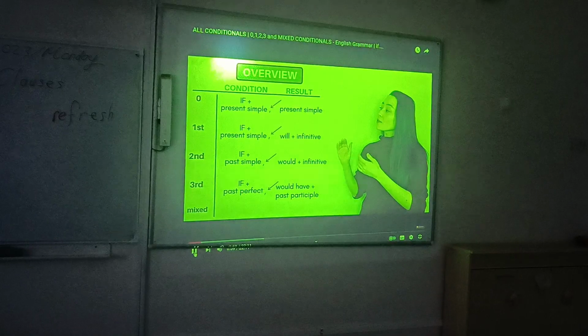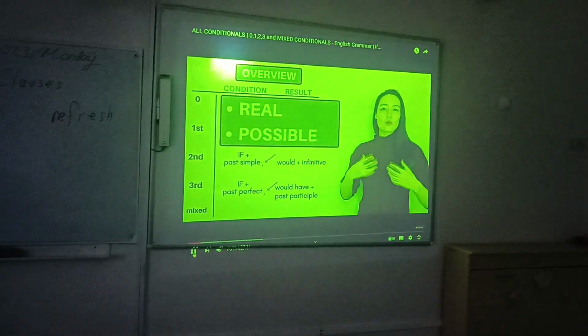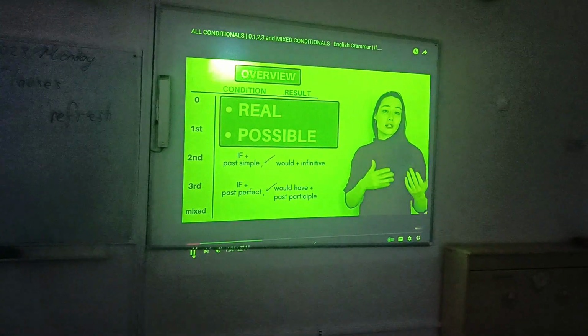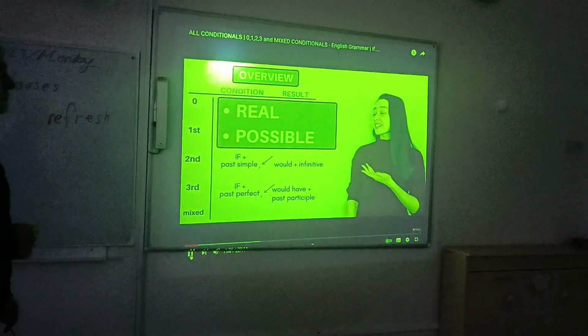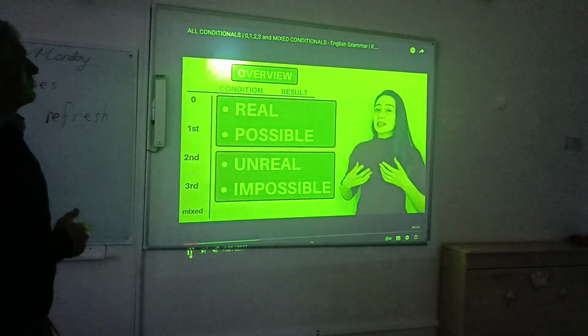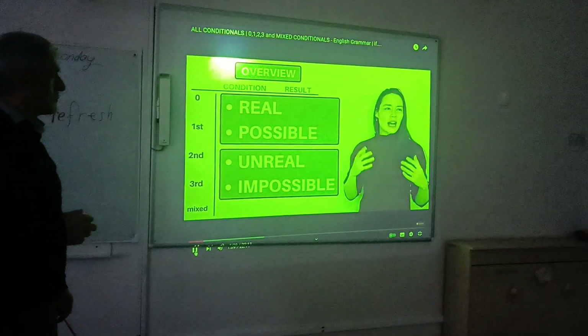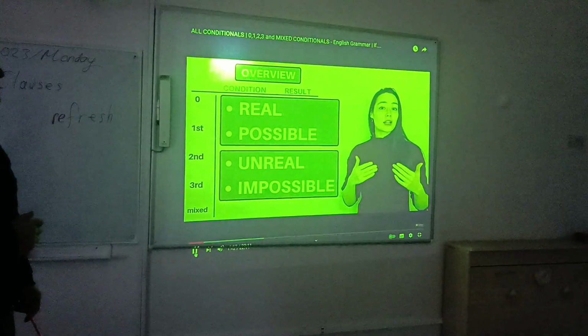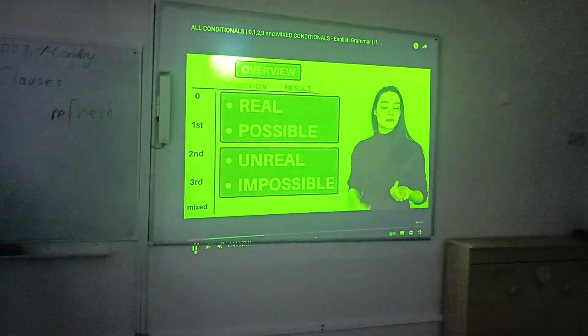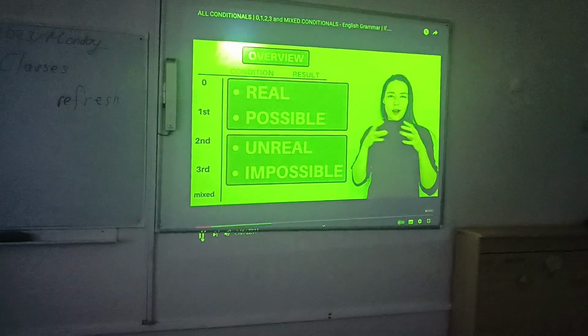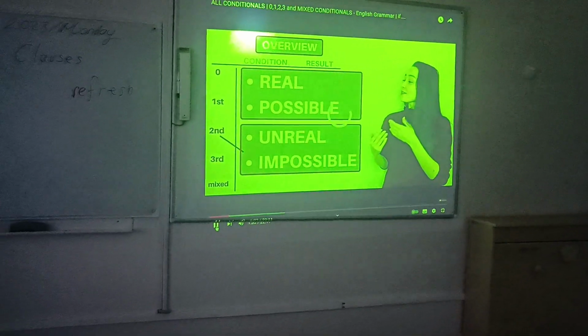The 0 and first conditional express real, possible conditions and results. The second and third conditional express impossible, hypothetical, unreal conditions and results. These conditionals are a combination of both.